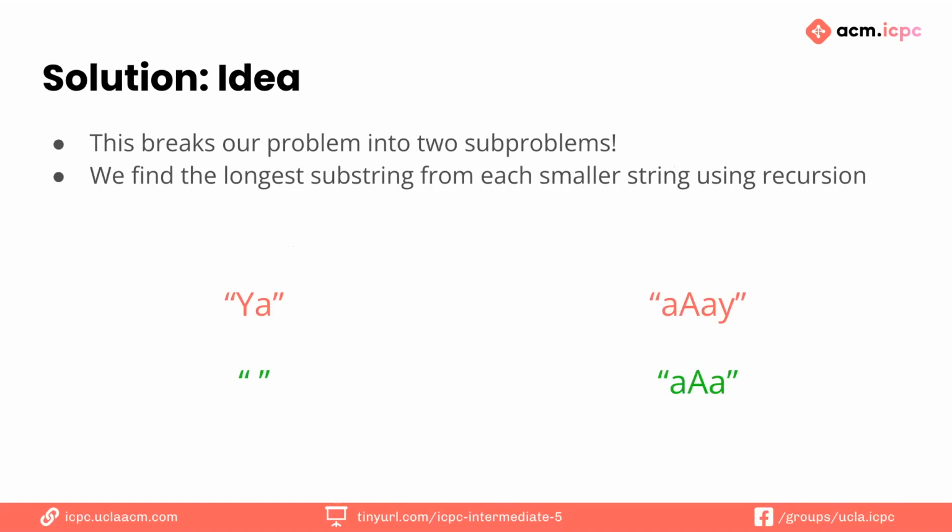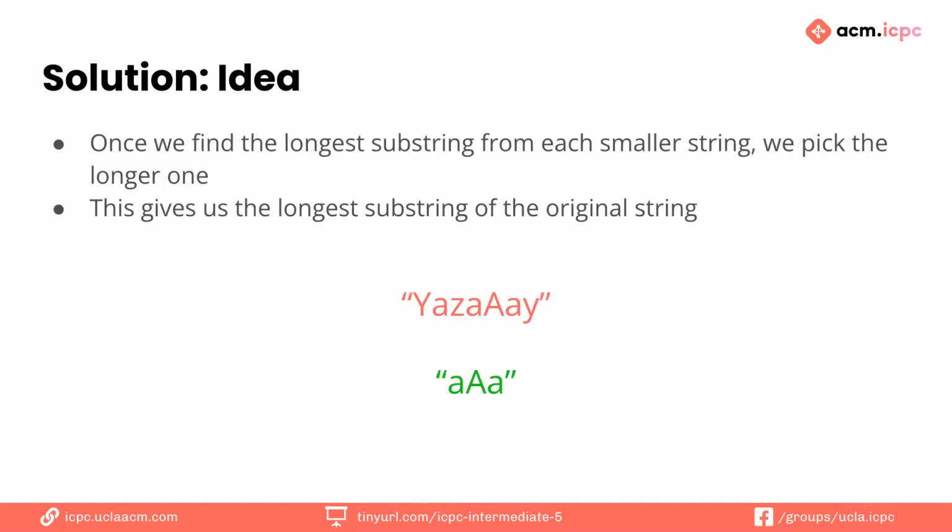For our left one, there's no lowercase y and there's no uppercase a. So both these letters are bad and we have no nice substring. And on the right, there's a lowercase and uppercase a. So all 3 of those letters are fine. And we have a nice substring of length 3. So to solve our original problem, we would just take the longest substring out of both of these, which is A, big A, A.